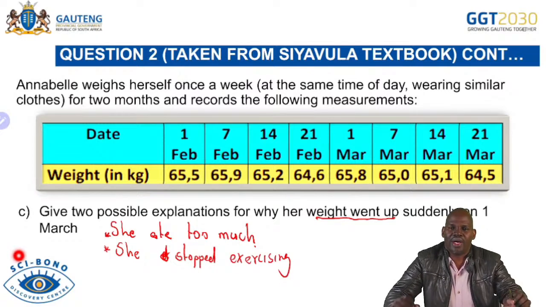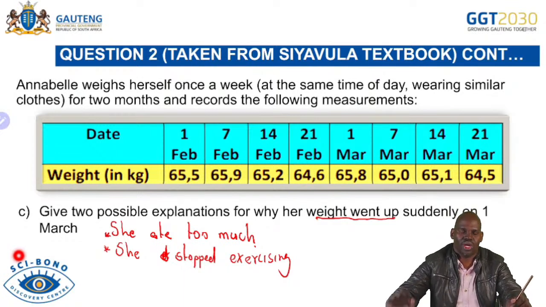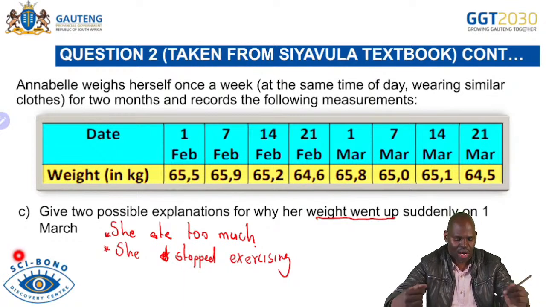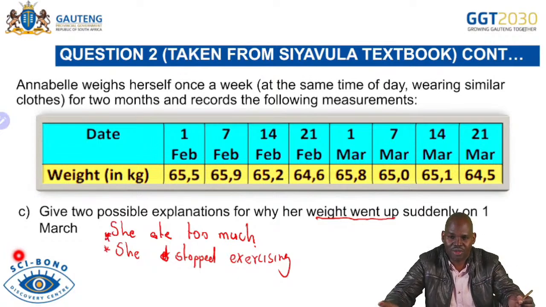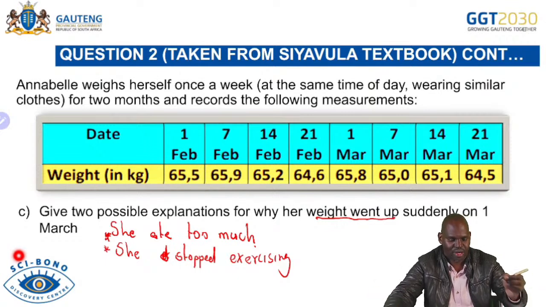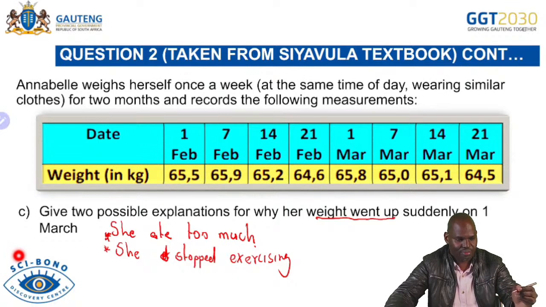Okay, or any other possible reason that you can think of. So for now, I can think of this. Maybe she ate a lot of junk food, or maybe if she was exercising, she had stopped exercising, or any other reason.